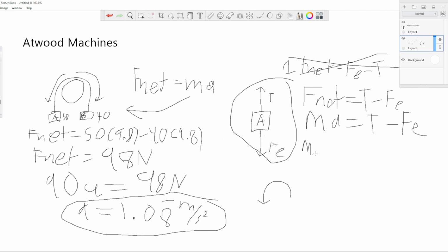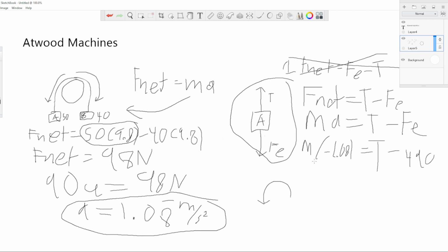So you have mass times negative 1.08. That's your acceleration pulling you down. Accelerating downwards is equal to tension minus, and we can just plug in the force of Earth from over here, 50 times 9.8, which gets you, I believe, 490.